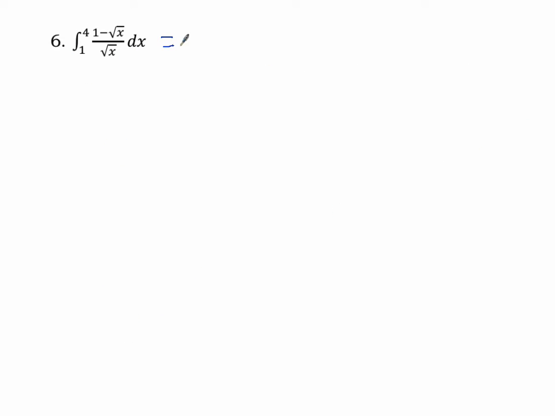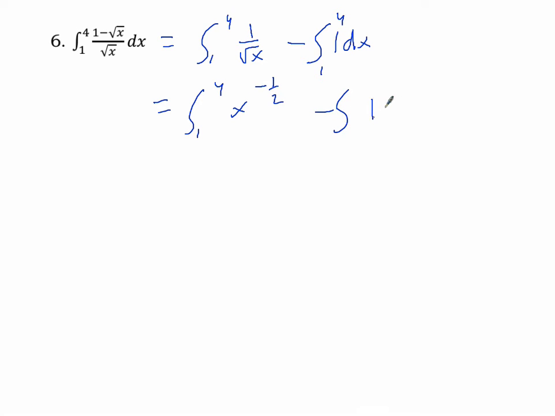Okay, next example, let's split it up into two integrals. 1 over root x minus the integral of 1 dx. Root x divided by root x is just 1, from 1 to 4. So this is the same as x to the power -half minus integral of 1 dx. So we'll increase the exponent by 1, then we have to divide by half.